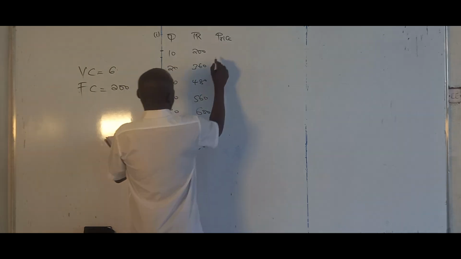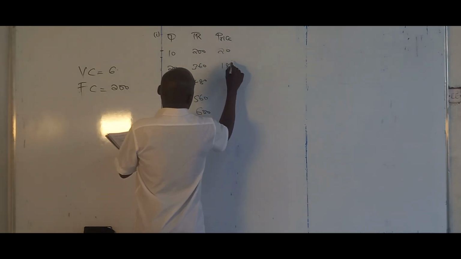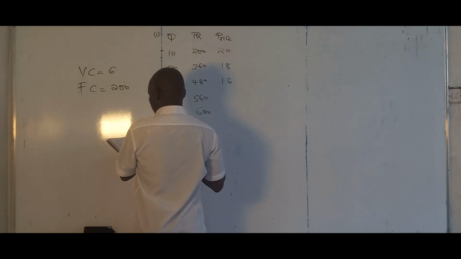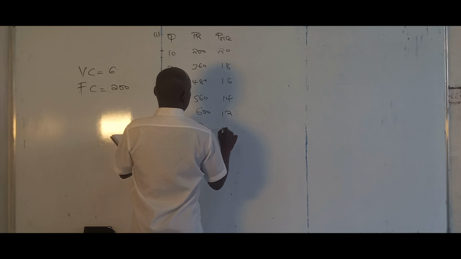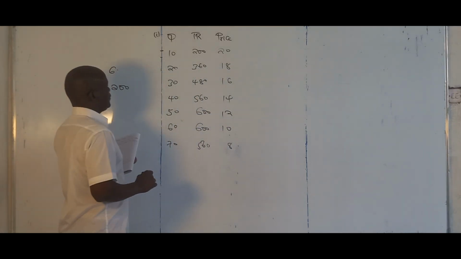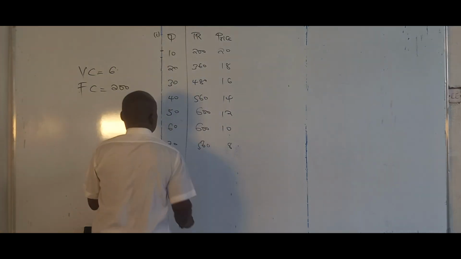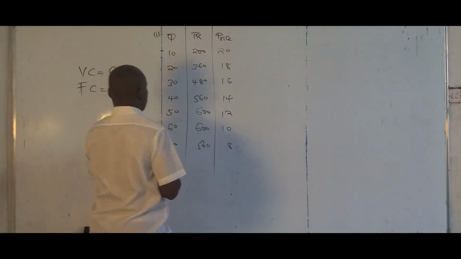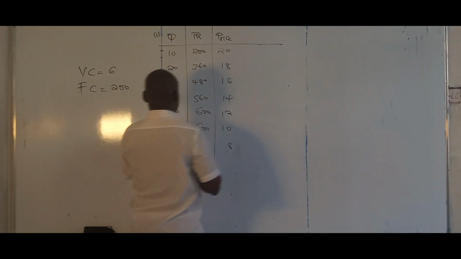Price: 20, 18, 16, 14, 12, 10, 8. So that's what we have. And of course, it's a table as such.